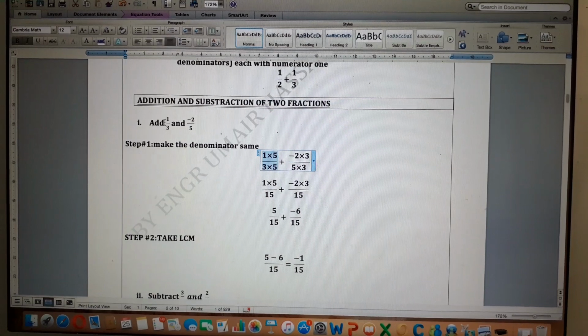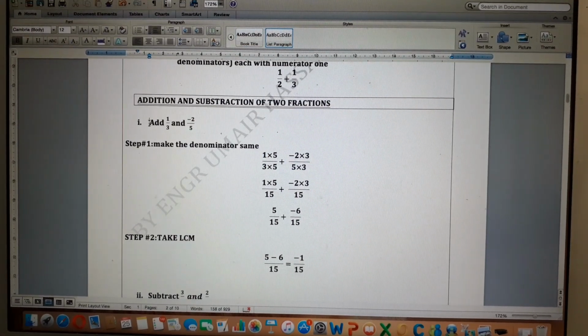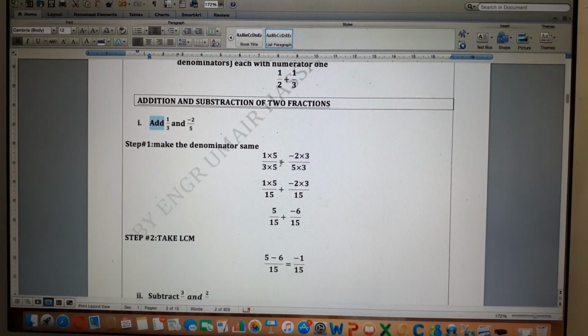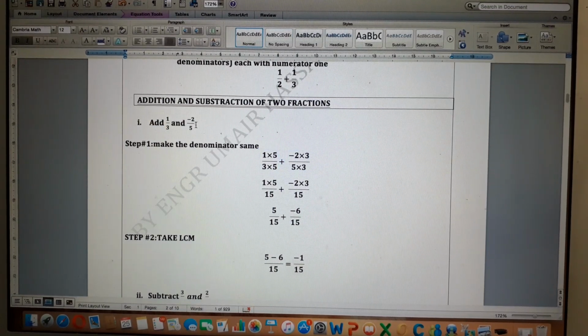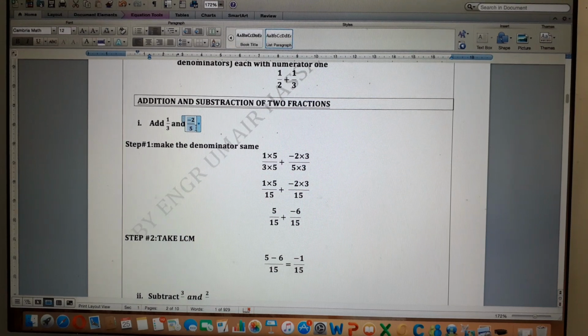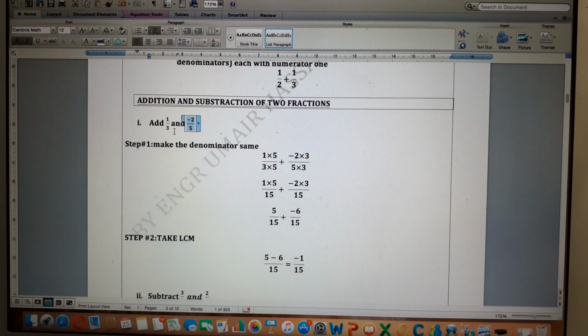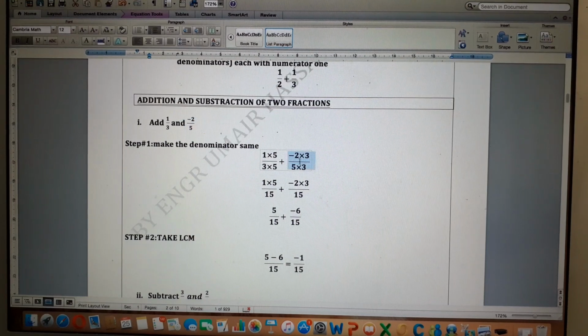Because I have to add them, I will insert an addition sign over here, and now I will work on this fraction. If I want to make the denominator the same, I will repeat the process. I will multiply 3, which is the denominator of the first fraction, with both the numerator and denominator of the second fraction, like this.